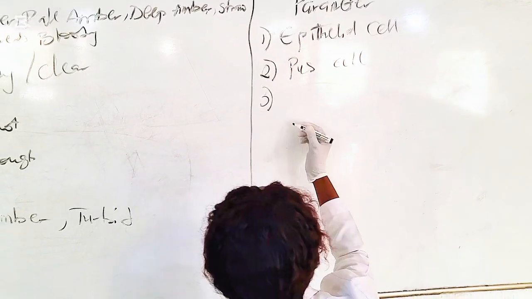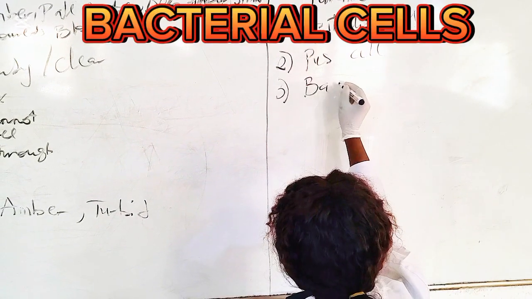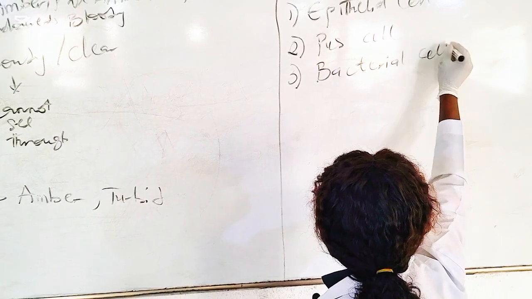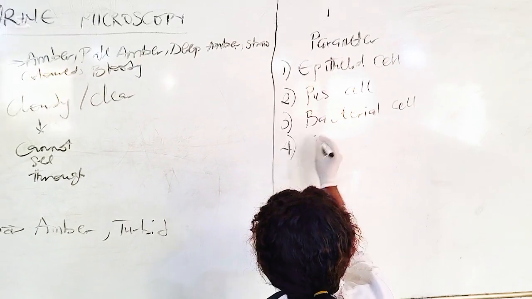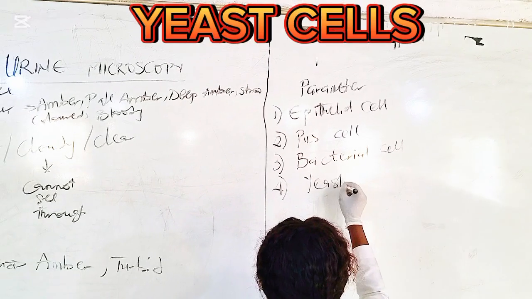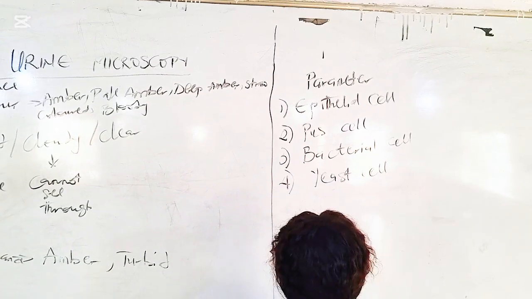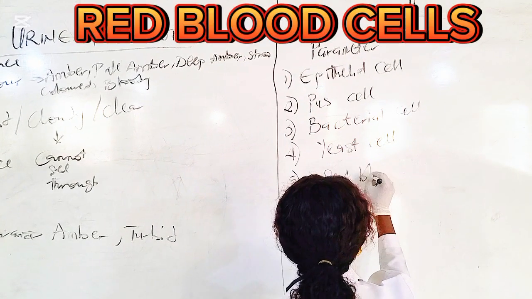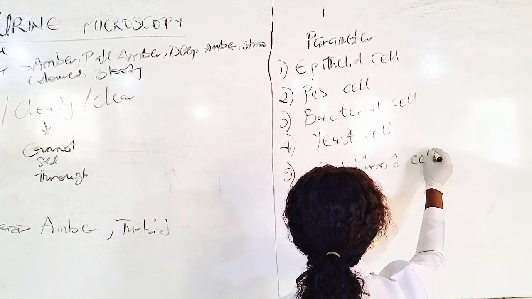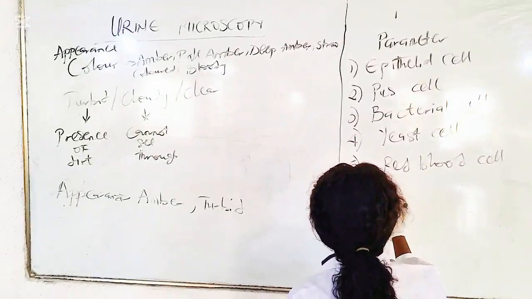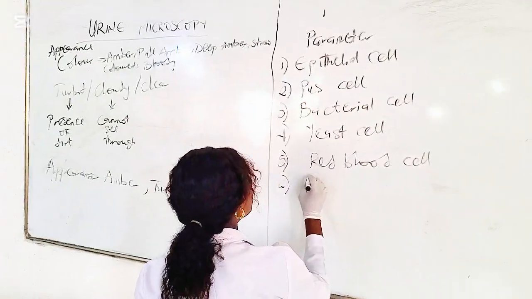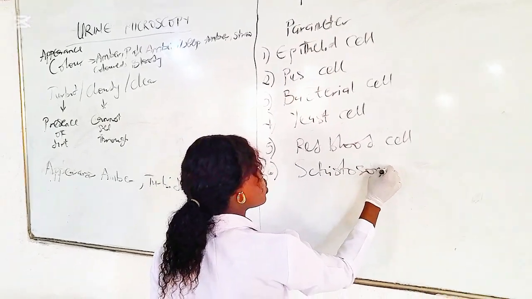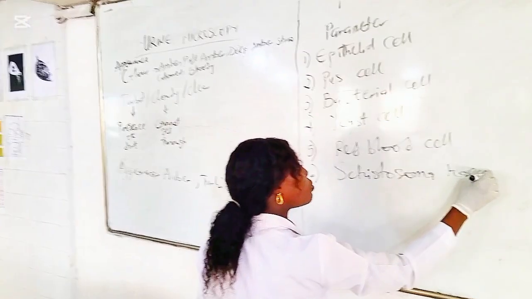You can also see bacterial cells if present. If present, you can also see yeast cells. You can also see red blood cells. You can see parasites like Schistosoma haematobium.